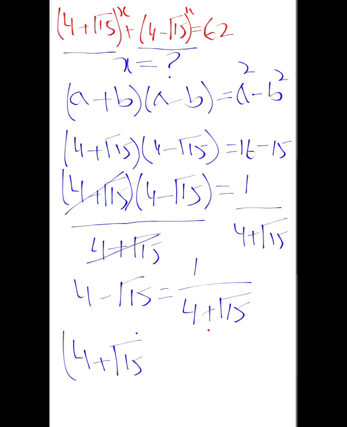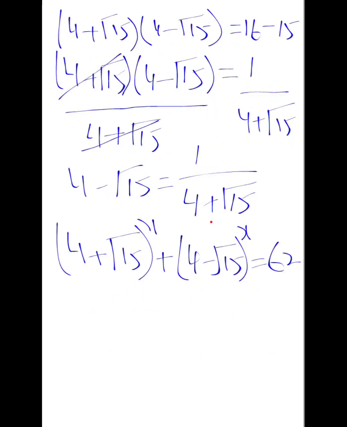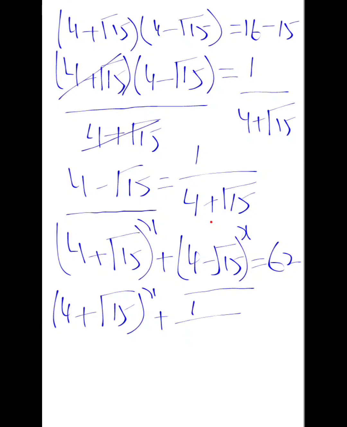Now we will write our equation: 4 plus square root 15 with power x plus 4 minus square root 15 with power x is equal to 62. Just copying our equation. So now we can write here 4 plus square root 15 with power x, and instead of this term we will write 1 over 4 plus square root 15, as we know 4 minus square root 15 is equal to 1 over 4 plus square root 15, applying power x, is equal to 62.